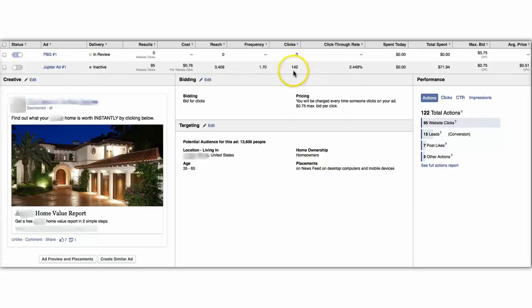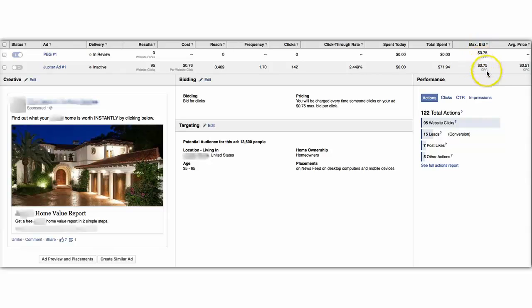So what we're looking for is your max bid compared to your average cost per click. So here the max bid is 75, but the average cost per click that we're paying is 51 cents. Don't pay attention to this number over here, the per website click cost, because that can be over your cost per click max bid.